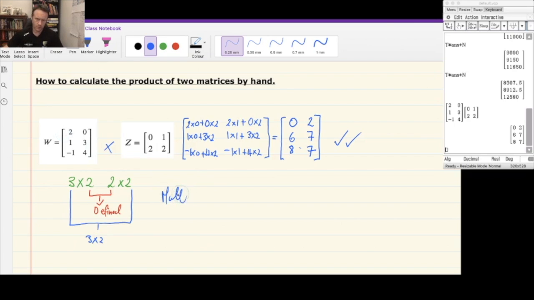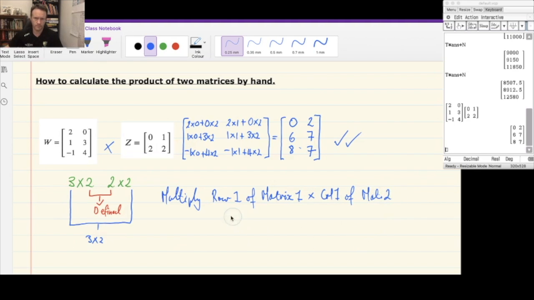So I think the big one is multiply row 1 of the first matrix by column 1 of matrix 2.